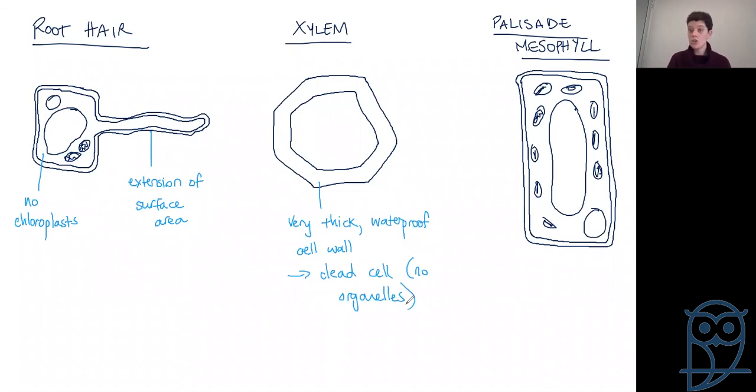It's just a tube. Okay? Our palisade mesophyll cell, on the other hand, has lots of chloroplasts. Because the palisade mesophyll cell is there in the leaf. It's all about receiving that maximum sunlight so we can maximize photosynthesis. So we need lots of chloroplasts.